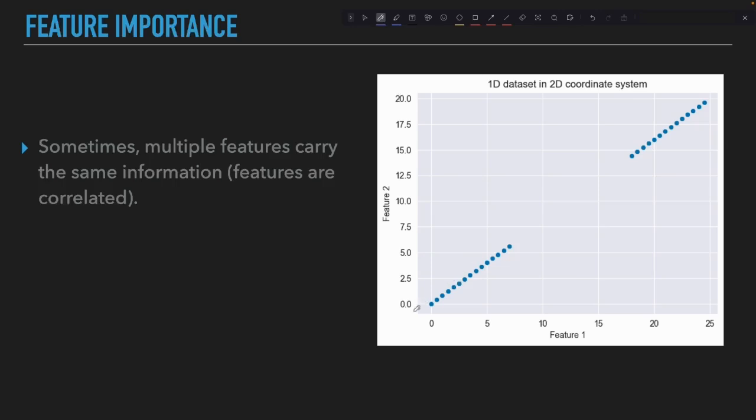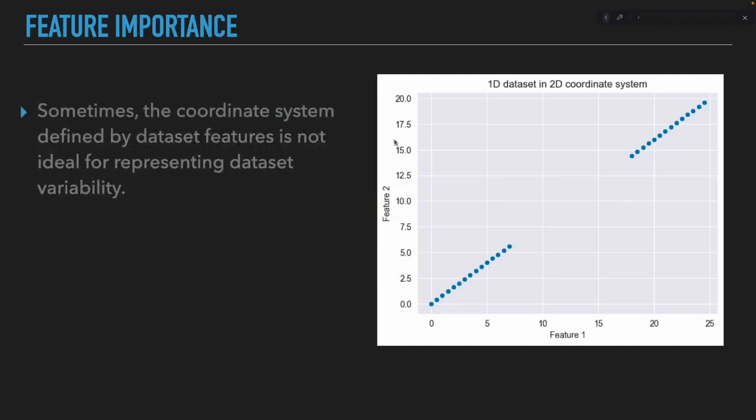What we could do in this case is use a single axis, a single line, in order to represent all the variation in this data without losing any information at all. And so feature 2 is an example of a redundant feature. This means that sometimes the coordinate system defined by our dataset, by the features that were given to us, is not ideal for representing variability in our dataset.